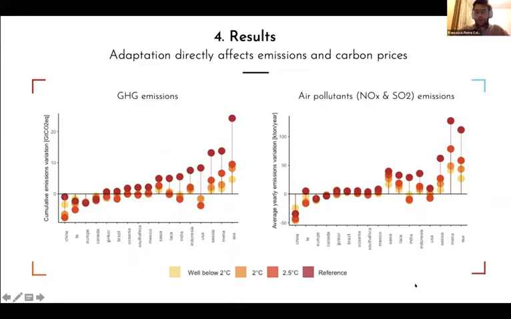So even in the mitigation scenario, even if the total carbon budget is fixed, what changes is the regional allocation of emissions. So here we see only the additional emissions due to this adaptation feedback loop, and we see the increase in emissions in the reference scenario, which is allowed to increase, and we have actually an increase of cumulative emissions of 7% from the run without this feedback loop.